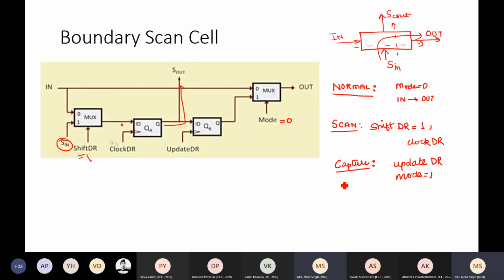This is called capture mode. So what we are doing is whatever data QA had, that data moves to QB and finally moves to output. So I have completed this part. Scan in goes to out, right?